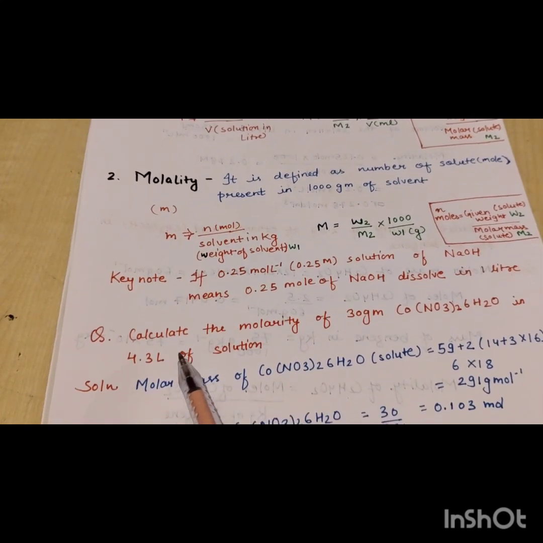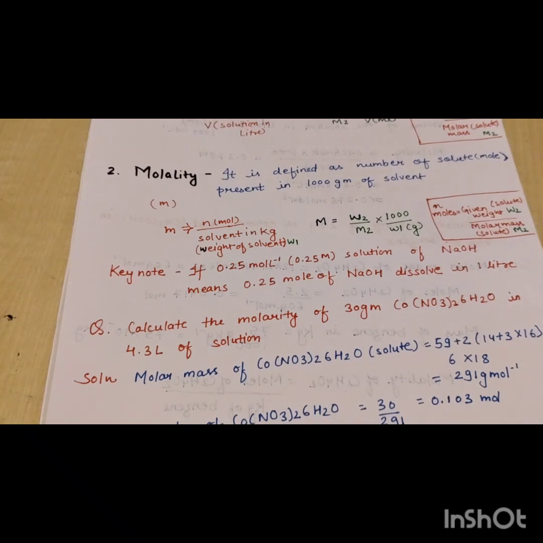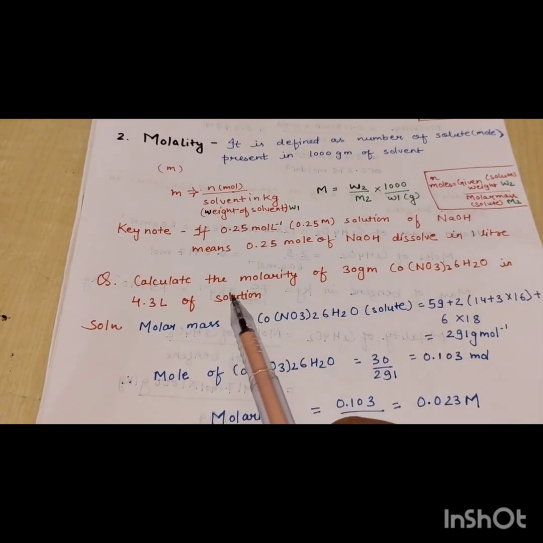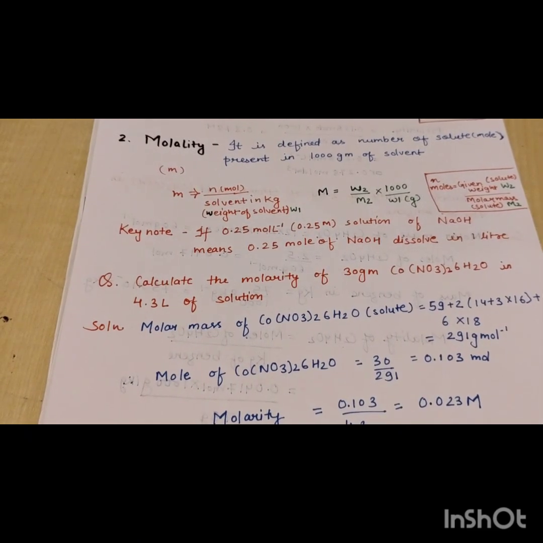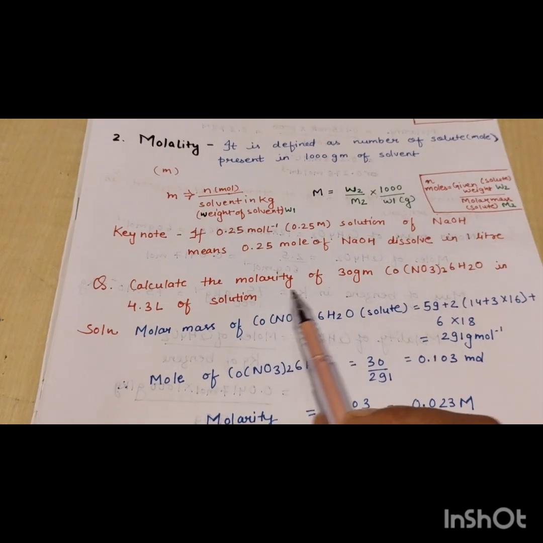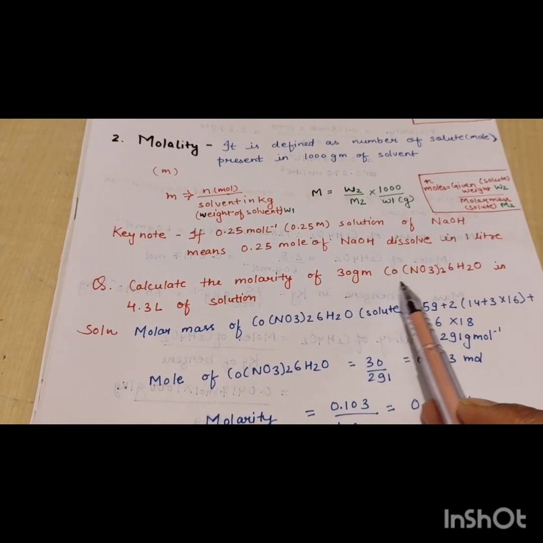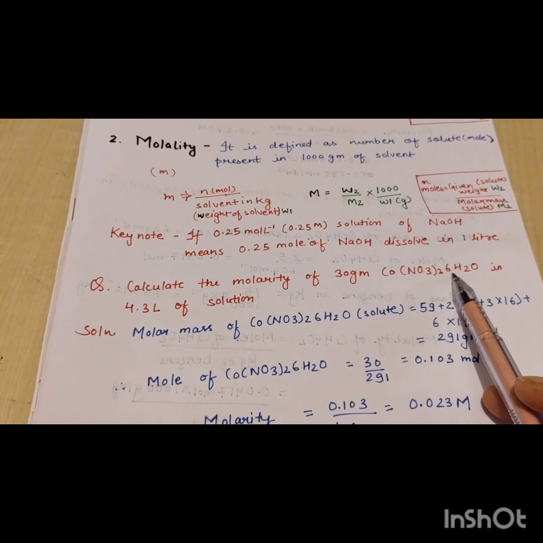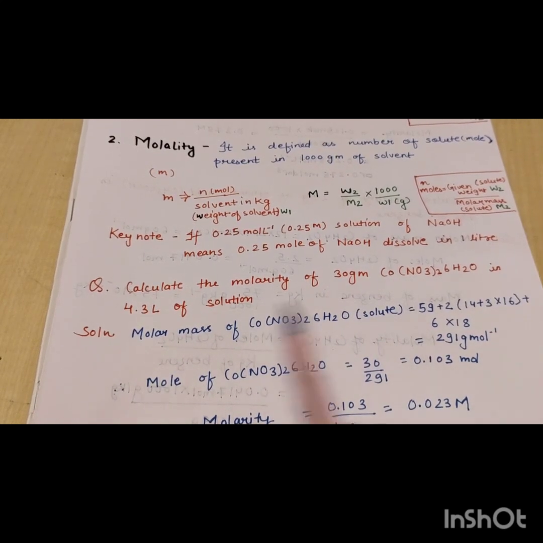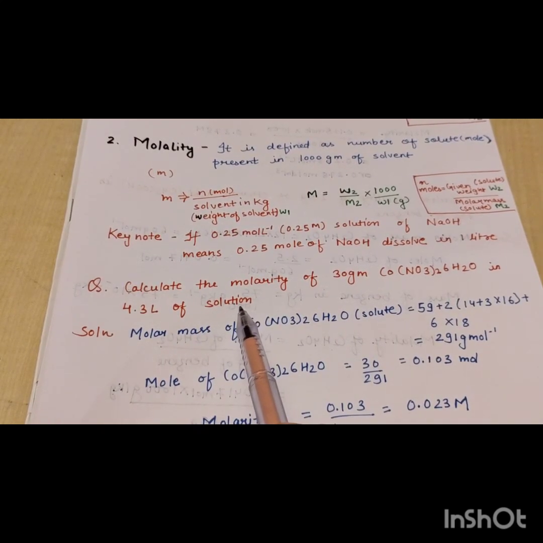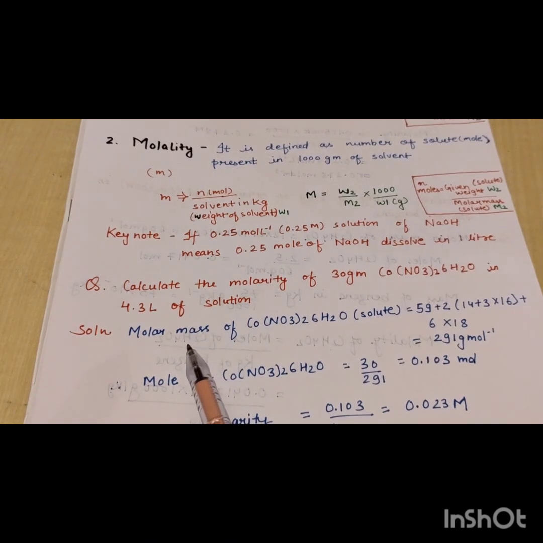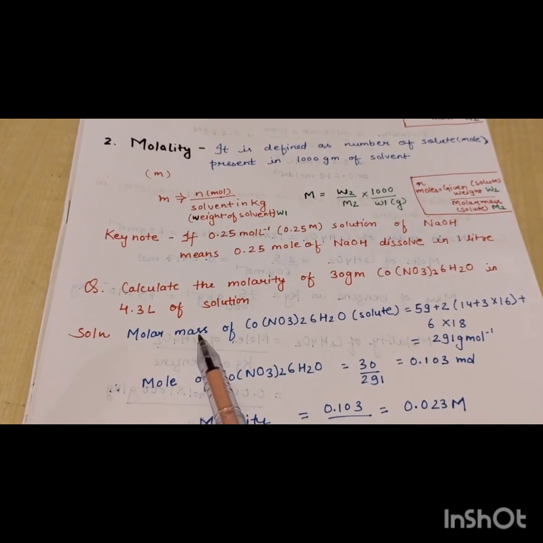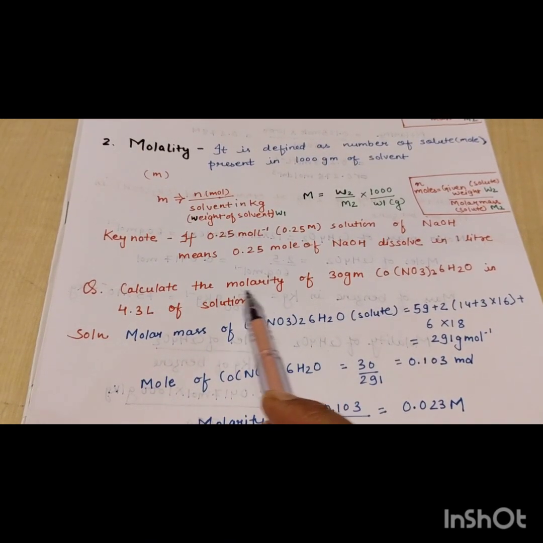First question: calculate the molarity of 30 gram of Cu(NO3)2.6H2O in 4.3 liter of solution. Here, how can we calculate the molarity?